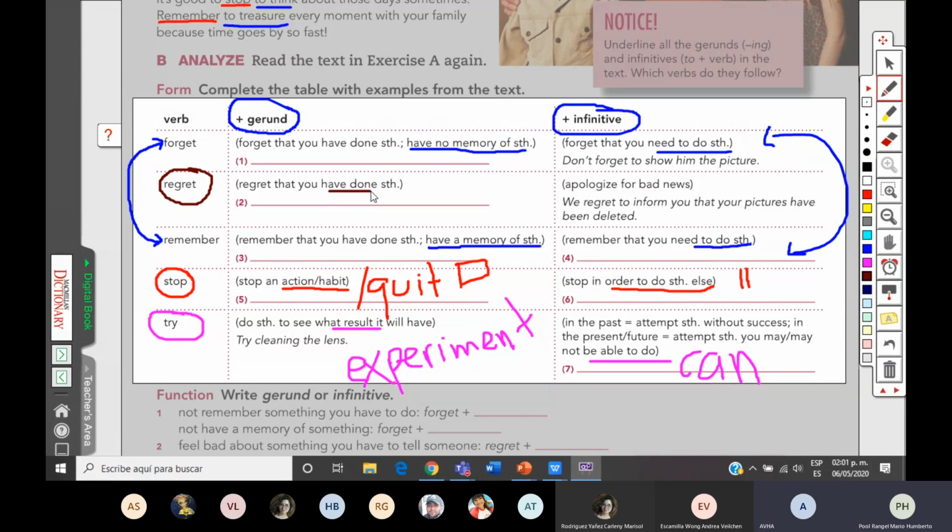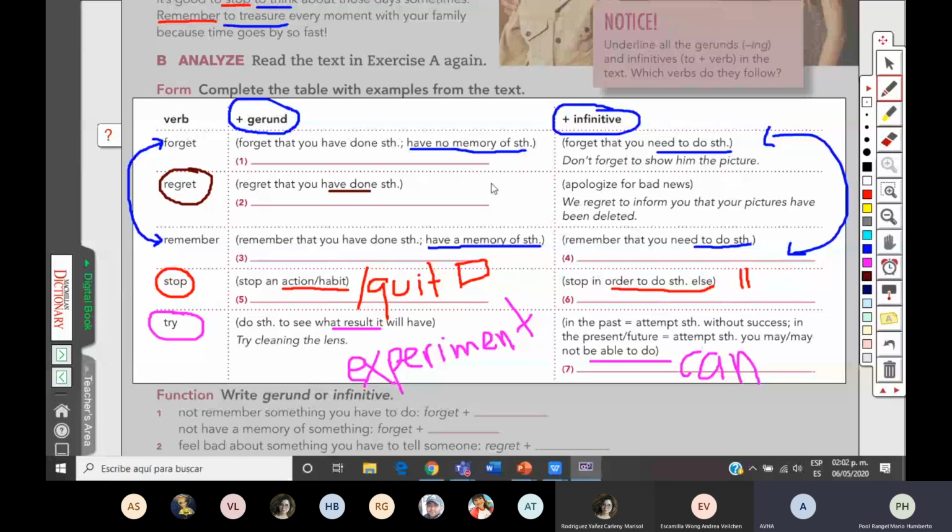You know, de plano lo hicimos, and then we feel sorry, we feel bad about it, and we regret doing something. Like I regret shouting to my mom. ¿Sí? Se enojaron con la mamá y le gritaron y luego ya se sintieron mal. So you regret shouting or fighting with your mom, or you regret eating so many candies because now you are sick, and so on.